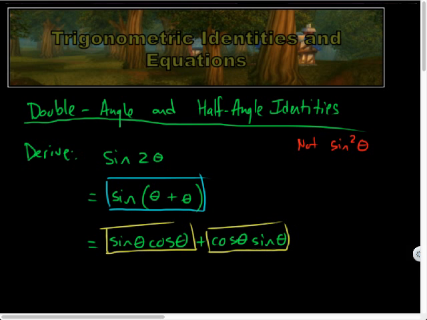How many of them do I have? 2 of them. So, all right, and that's multiply. So we've just derived one of the double angle identities, specifically the one for sine. What do you know? Sine of 2 theta happens to be 2 sine theta cos theta. Oddly enough.